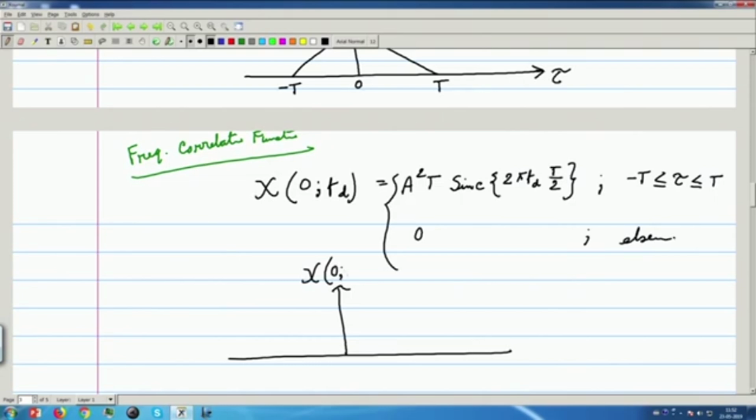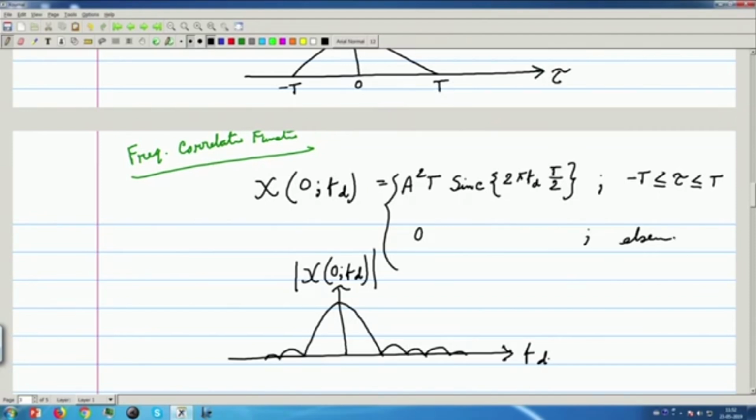the frequency correlation function versus f d. This plot will be a sinc plot, and I am taking the magnitude. So, sinc, but there is no negative part. It will have diminishing side lobes.